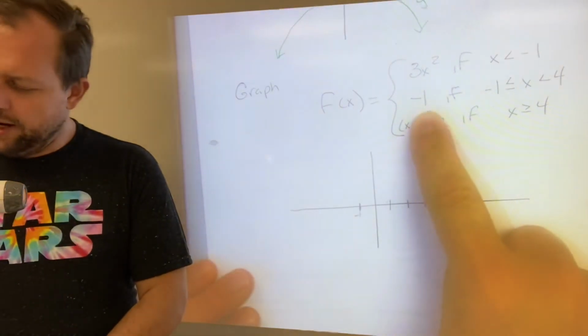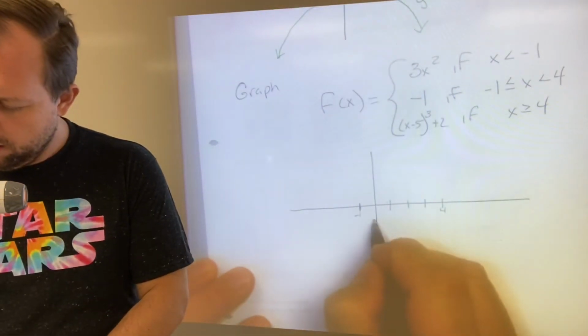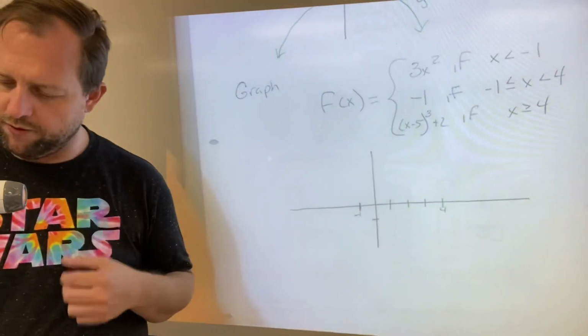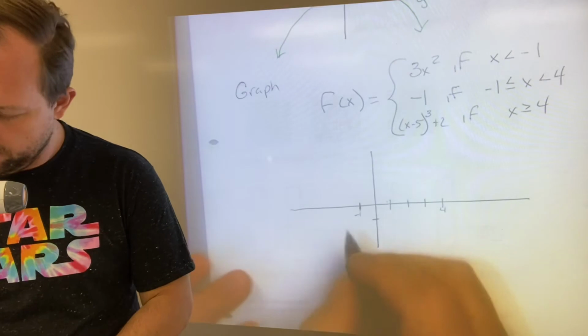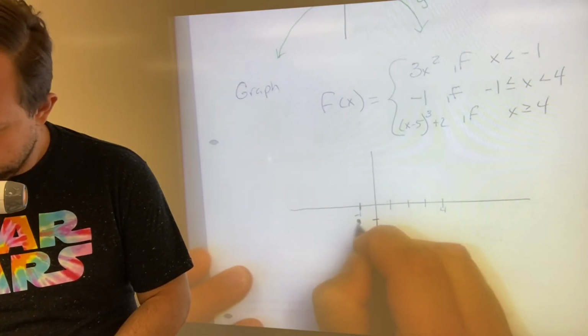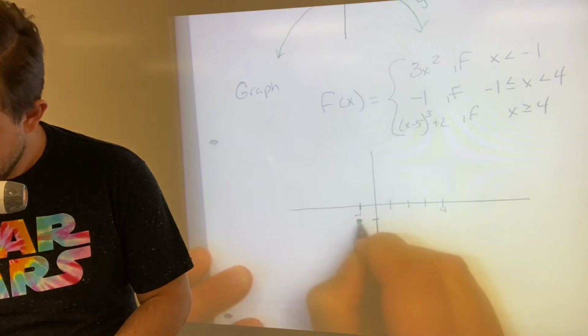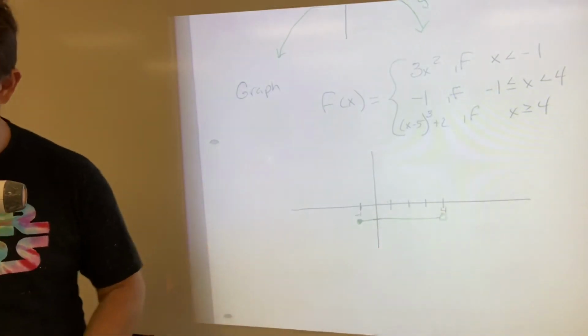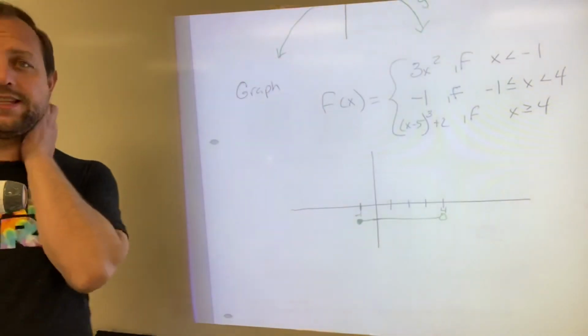So that at a -1, between -1 and 4, including the -1. So including the -1 means we got a solid dot here, goes across to the 4 where it's open. Okay, that's the easiest piece to graph.